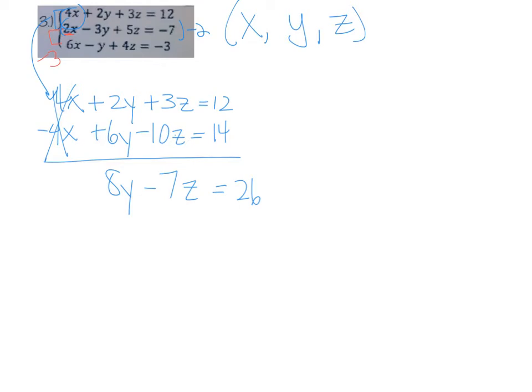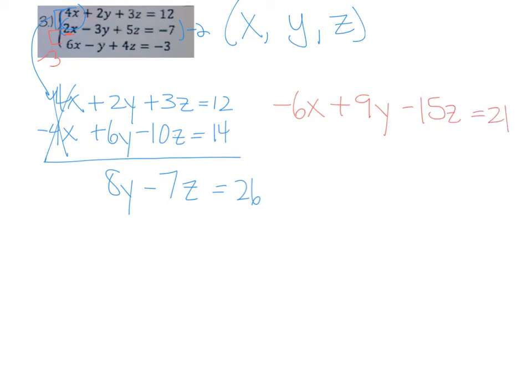So that is exactly what I'm going to do. I'm going to distribute a -3 through this second equation, and that's what I'm going to be writing over here. So when we do that, I have -6x plus 9y minus 15z equals 21.